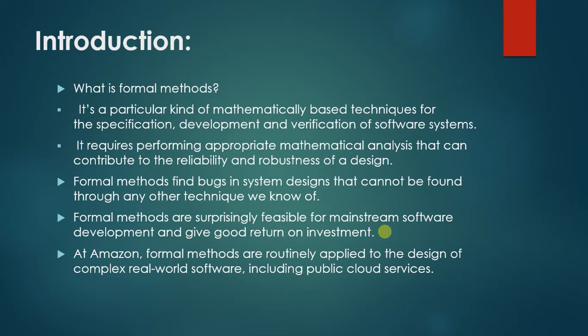Now, according to this paper, formal methods find bugs in system designs that cannot be found through any other techniques we know of. Formal methods are surprisingly feasible for mainstream software development and give good return on investment. And at Amazon, formal methods are routinely applied to the design of complex real-world software, including public cloud services.